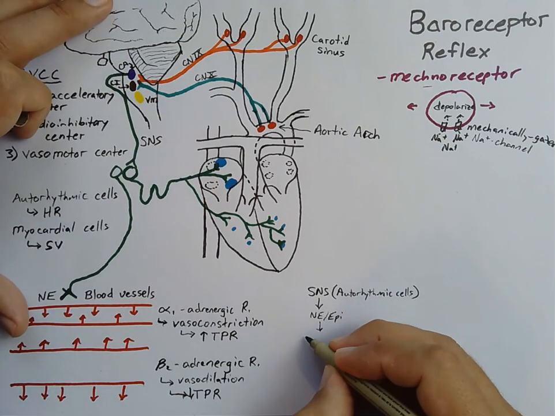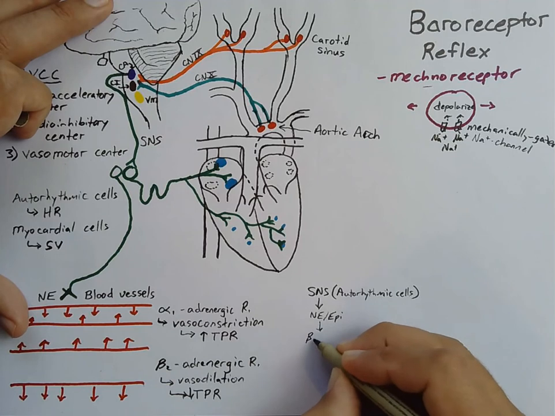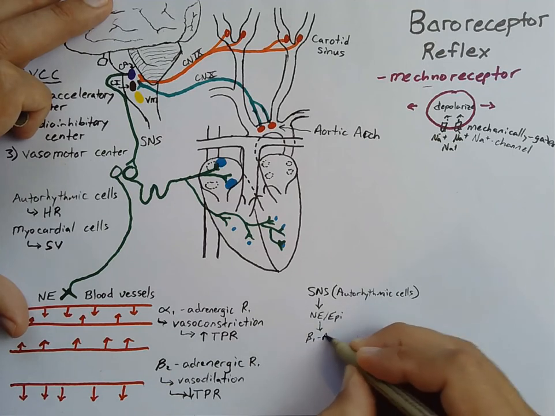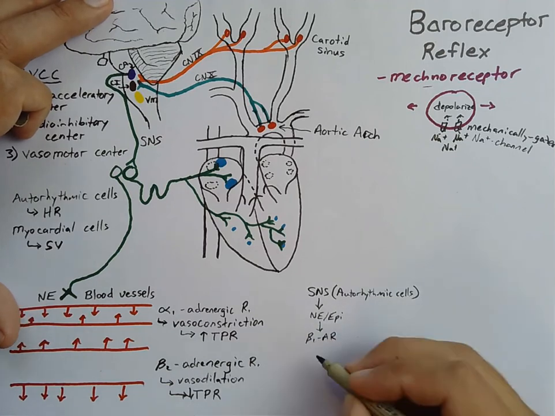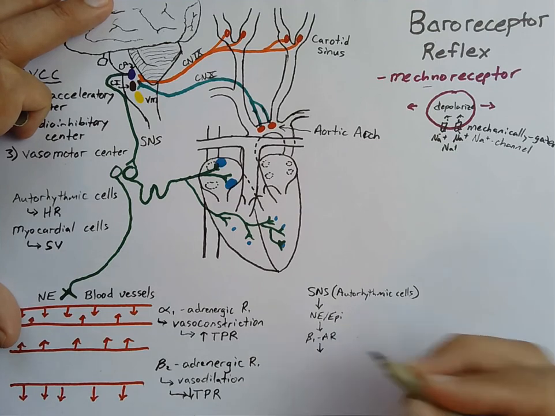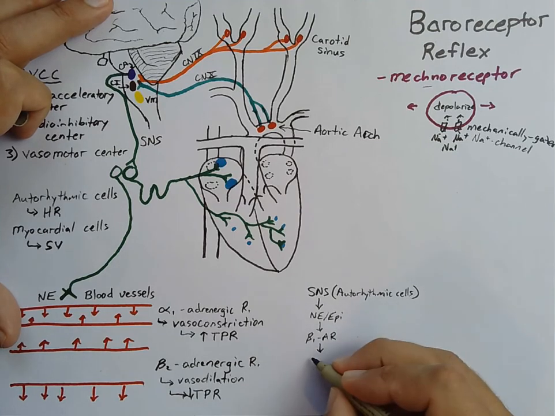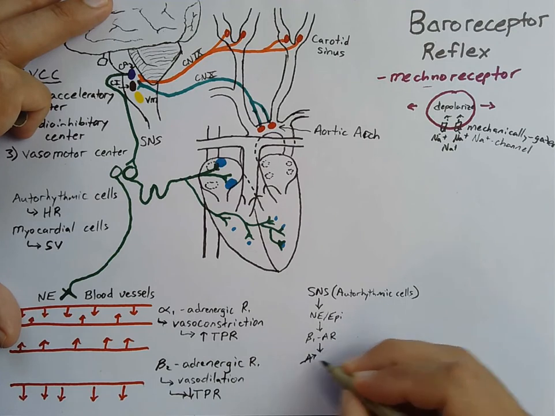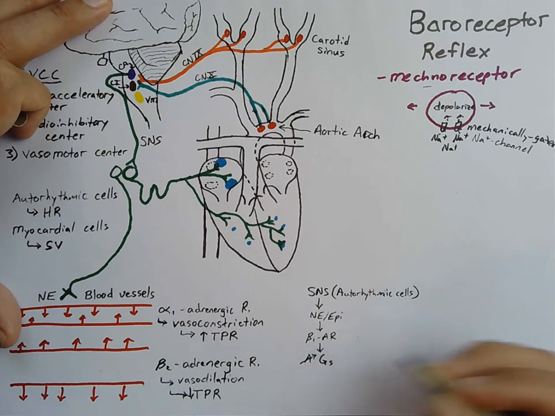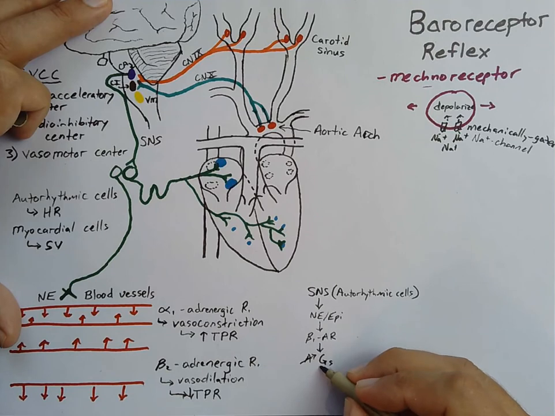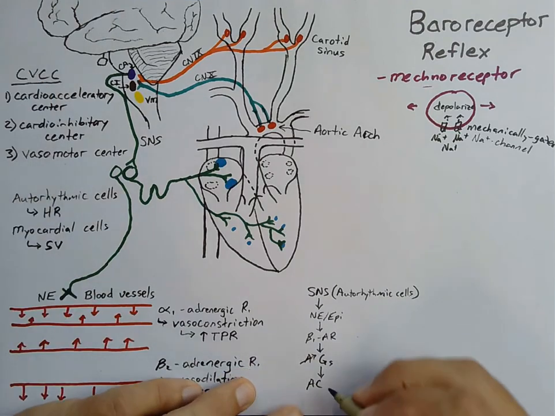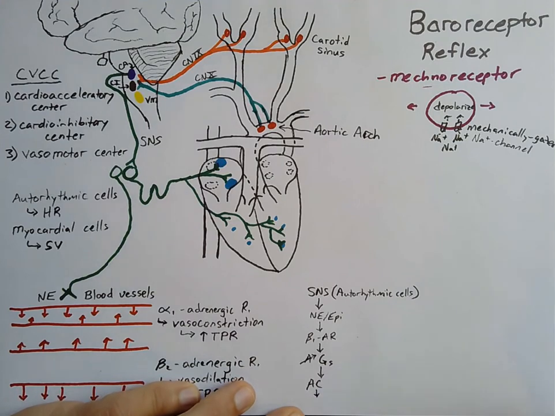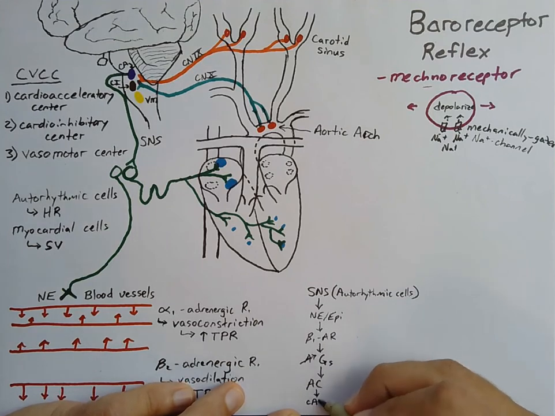Well, they're going to activate beta-1 adrenergic receptors. What happens with those beta-1 adrenergic receptors? Well, they are GPCRs. So we're going to get an activation of a G stimulatory protein. That's going to go and act on adenylate cyclase. And as we activate adenylate cyclase, it's going to hydrolyze ATP into cyclic AMP.